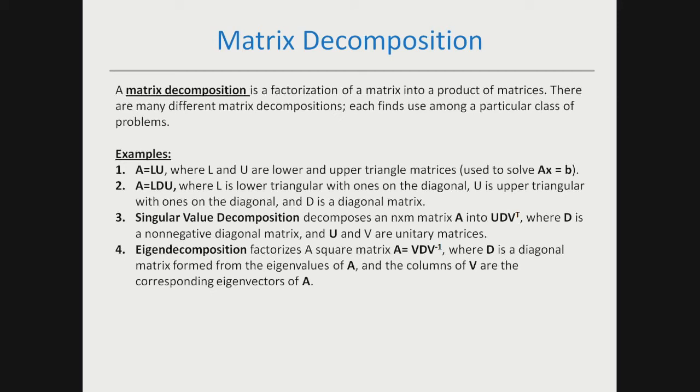This is quite common to compute, usually used to compute the eigenvalues, or to reduce the dimension of the space. We also have the eigen decomposition, which is based on the eigenvalues and eigenvectors, into three matrices, V, D, and V inverse, where D is the diagonal matrix of eigenvalues and V holds the eigenvectors.